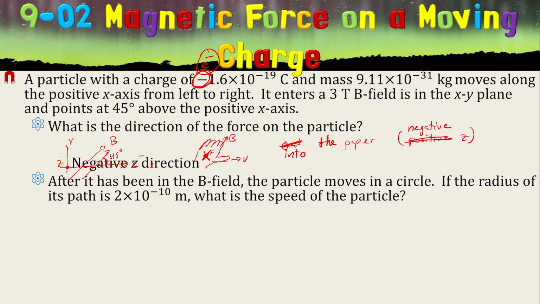After it's been in the magnetic field, the particle moves in a circle. If the radius of its path is that, what is the speed of the particle? Okay, so R equals mv over qB. I know the R. I know the m.